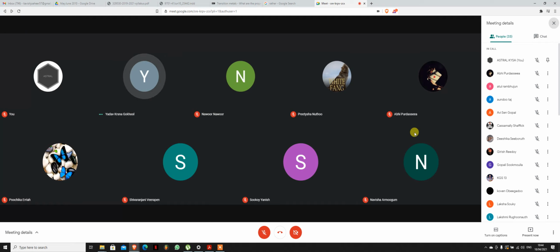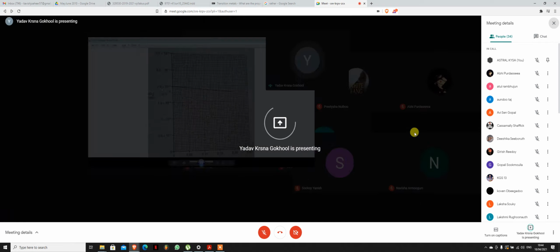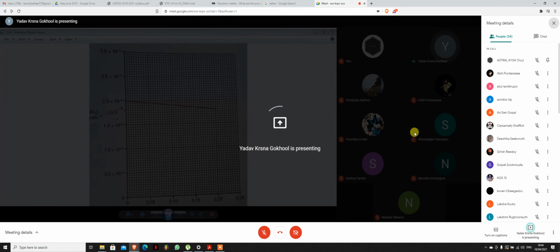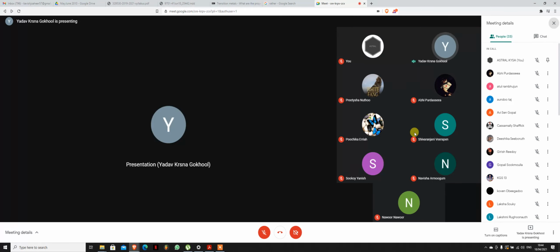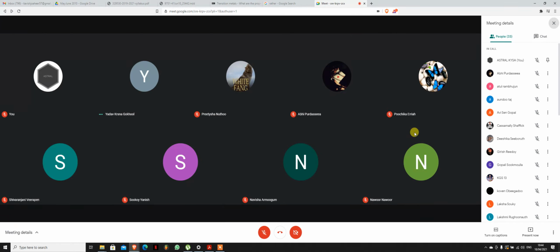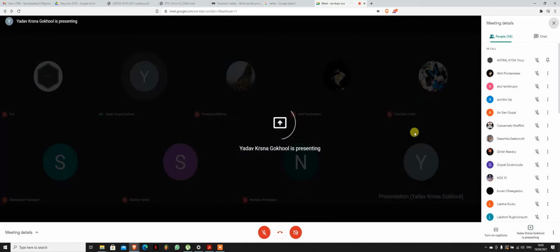This is the graph. It is going to change from 2.05 to 1.8 multiplied by 10 raised to the power minus 4. There's a simple calculation to do. We have the initial rate per second.